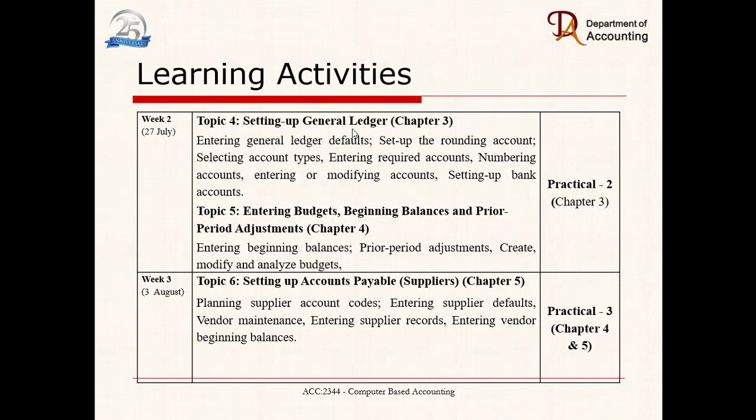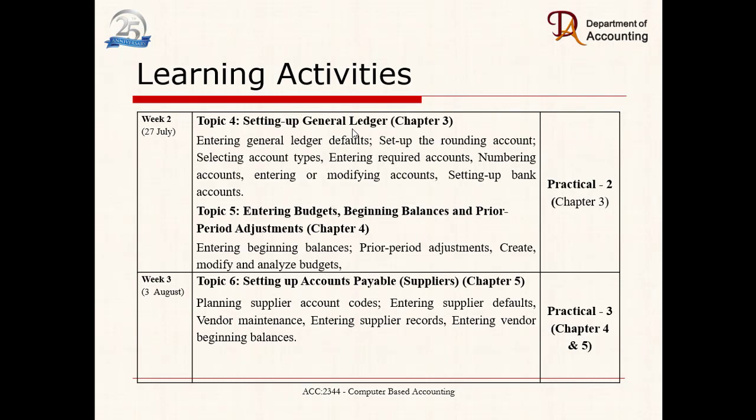Especially for the asset accounts, we would have to use a particular code, probably starting from number 1. Number 1 would indicate the asset account, number 2 may be liability, number 3 may be equity, and number 4 may be income. Likewise, you would have to do a proper numbering.